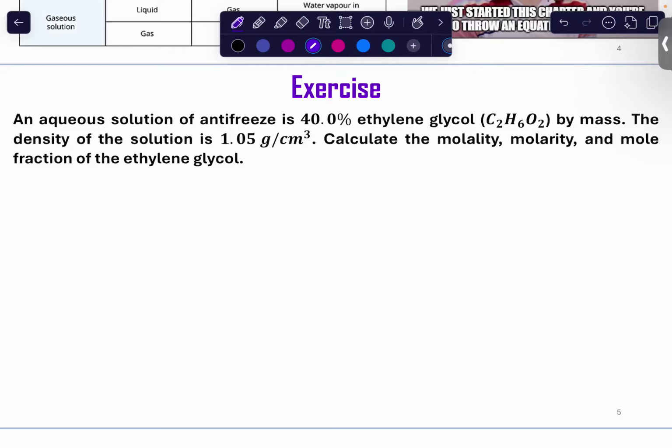So, does anyone know an assumption that I could make? I'm hoping you did this last semester for problem solving. That's going to make this real simple for me. Tell me how many grams of ethylene glycol and how many grams of water I have. What could I assume that would turn 40% into 40 grams? 100 grams of solution.